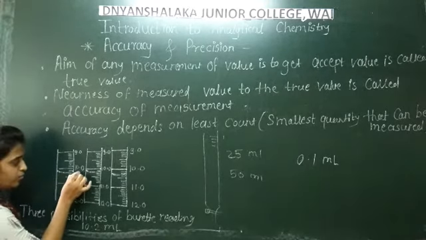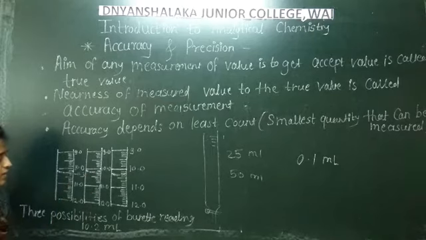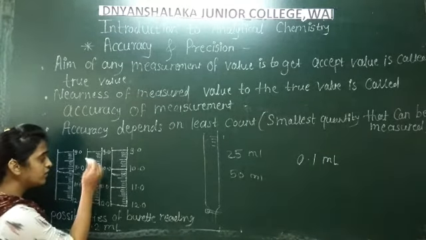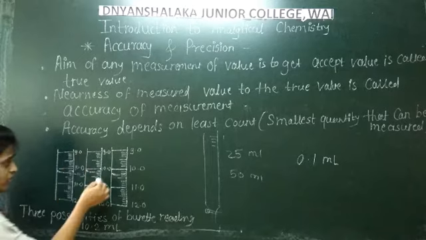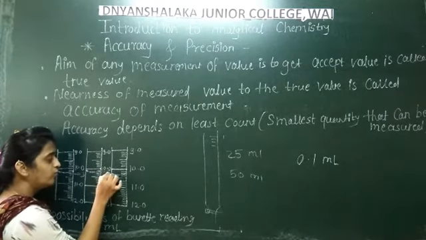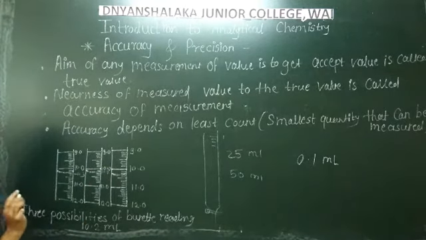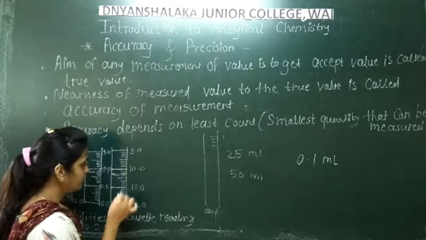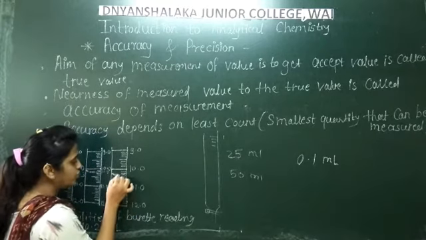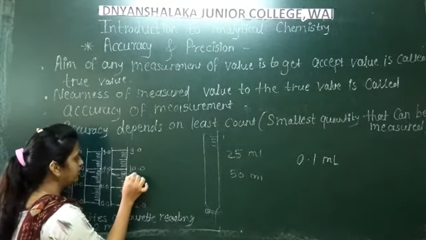In the second reading, the lower meniscus lies at 10.2. In the third reading, the lower meniscus of the solution is 10.3.